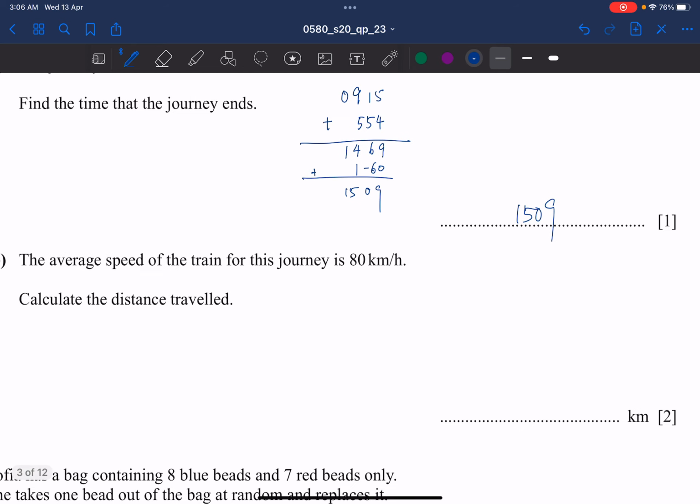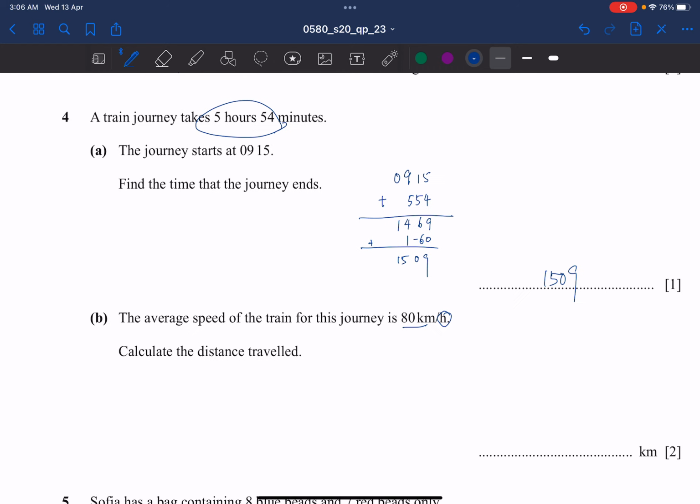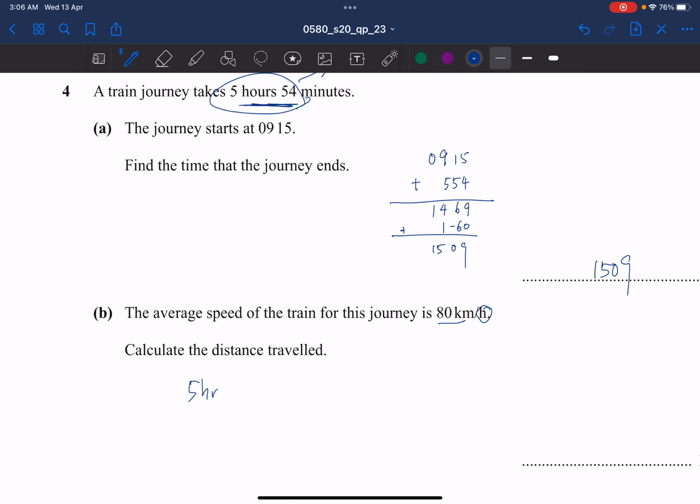Okay. Average speed of the train for this journey is 80 kilometers per hour. Calculate the distance traveled. So it is given that in 1 hour this train can travel 80 kilometers. So we need to change this into hours. So 5 hours 54 minutes is equivalent to 5 plus 54 over 60 hours.